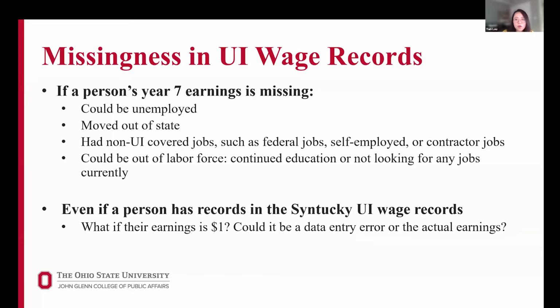Typically, if we cannot find a person's earnings in the UI wage records, this person could actually be unemployed, or the person could have moved out of state, or have non-UI covered jobs, such as federal jobs, self-employed, or contractor workers.